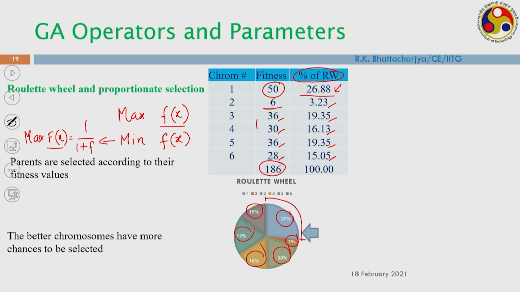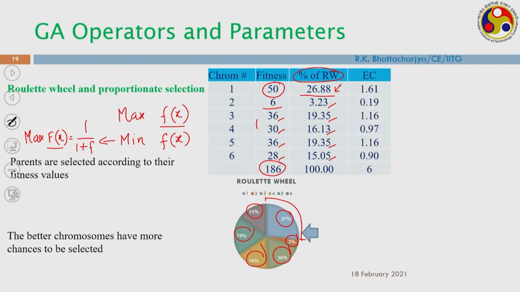This is the concept of the roulette wheel. I can write a computer program to implement this concept and select the solutions for the next generation. I will create multiple copies of the better individuals, and the worst and inferior solutions will be eliminated from the population pool.